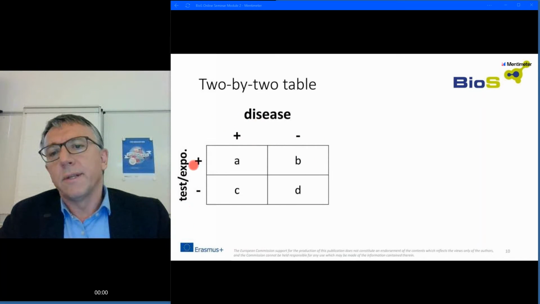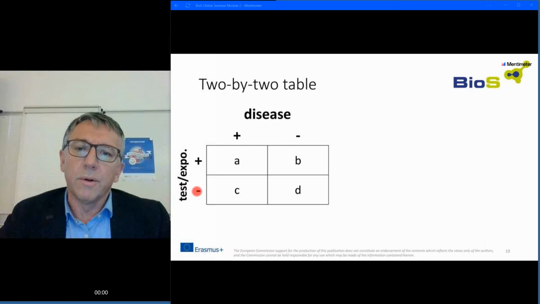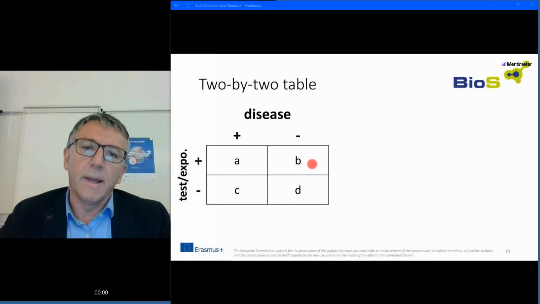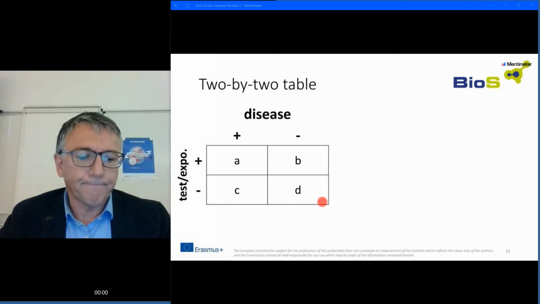And then depending on whether it's a diagnostic study or a cohort study or a case control study, you do have either the test or the exposition on the row side. So the test, for example, is positive or the test is negative. And so there can be overall 4 different combinations that can be true for such evaluation.